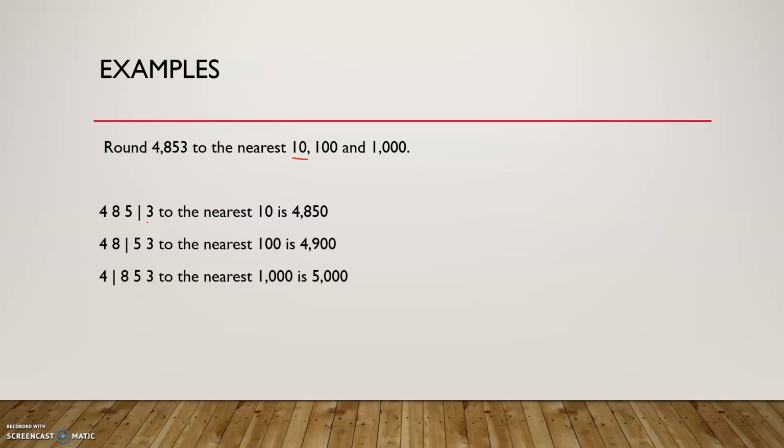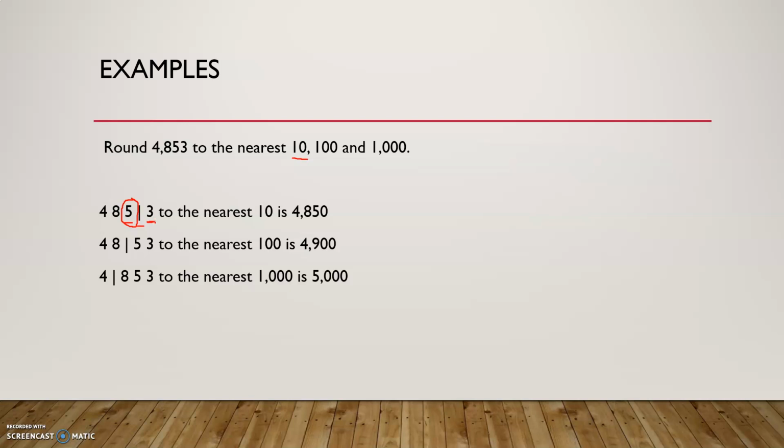Here we go, the unit place, and this is our tens value, which is 5. Then we have to draw a vertical line to the right of the value that is required. So here we go, vertical line.